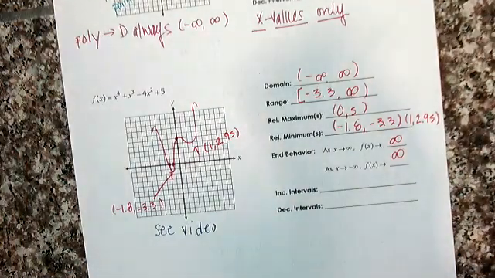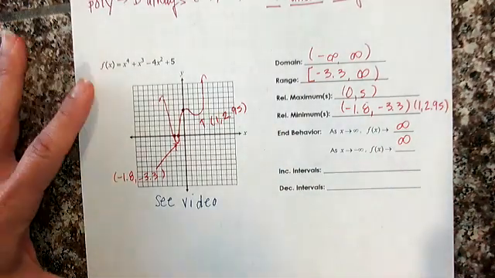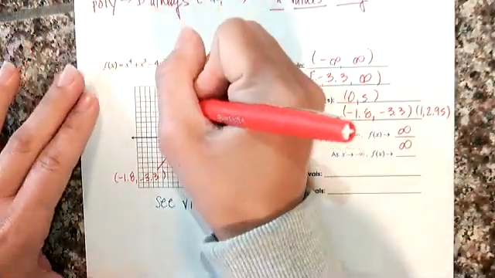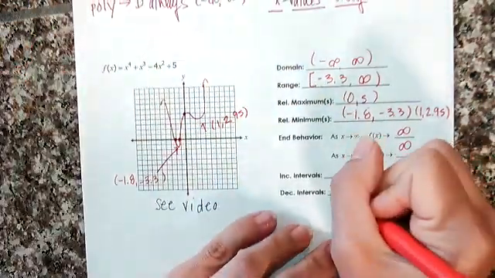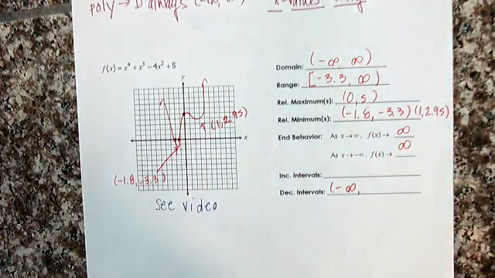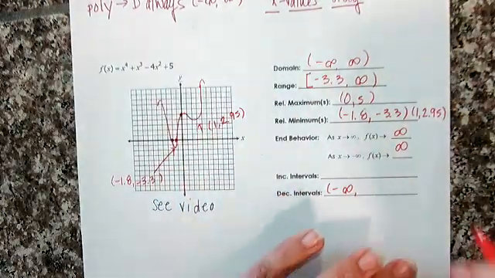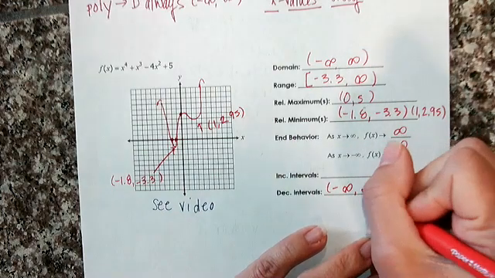Increasing, decreasing intervals. Okay. So I'm decreasing from negative infinity, and I decrease until I get to the x value of negative 1.8.